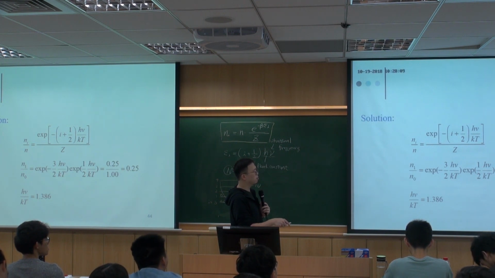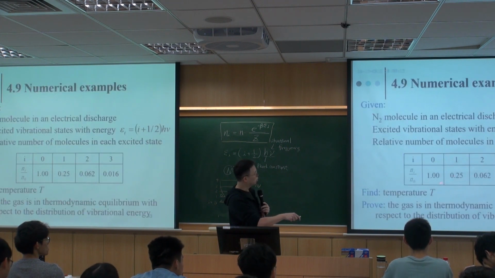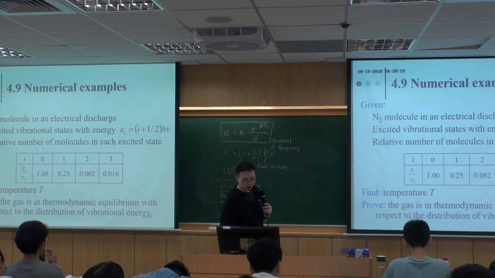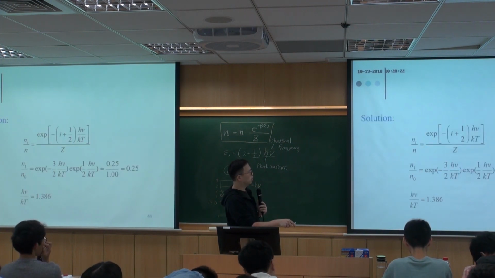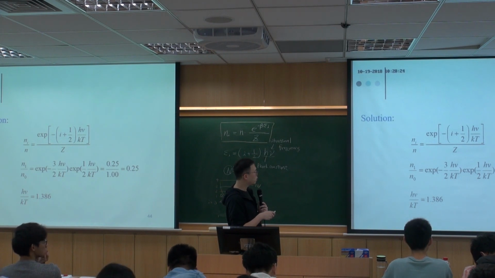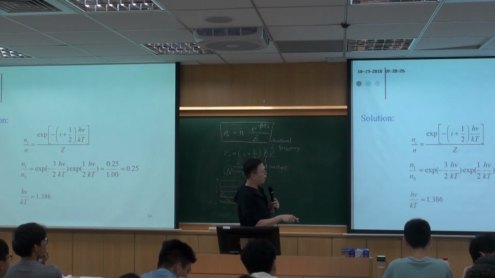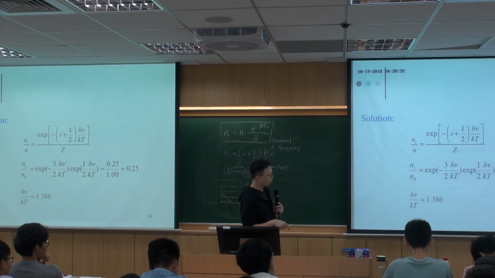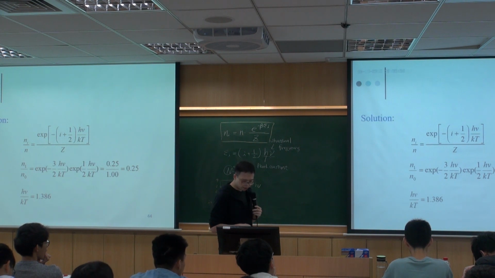This is given by the problem, right? 0.25, and this one is 1. So the ratio between these two, N1 over N0, will just be a quarter. And from that, you can estimate h mu over kT, which is around 1.4.